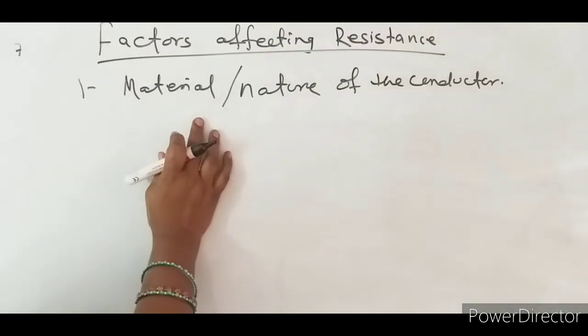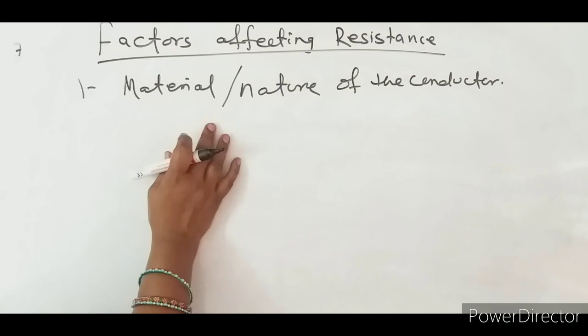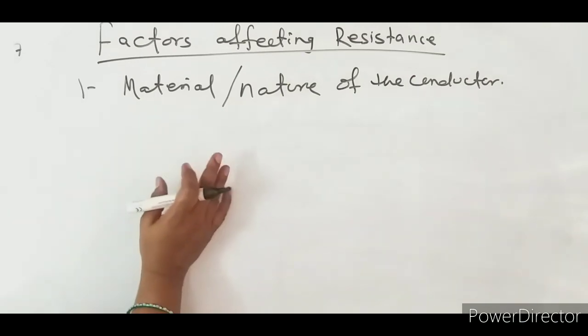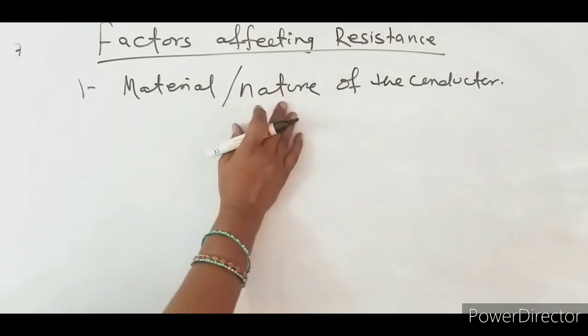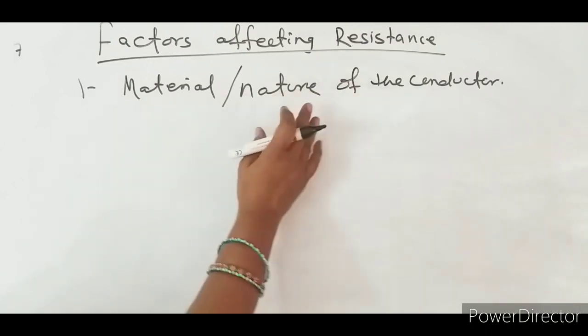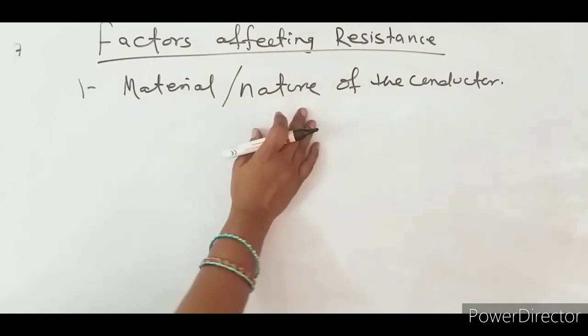What is this nature or material of the conductor? Some conductors have more conductance because they offer less resistance, and some conductors offer more resistance and their conductance is less.